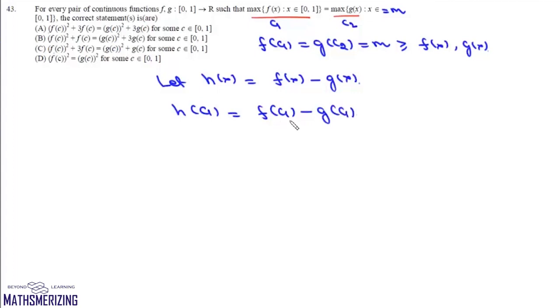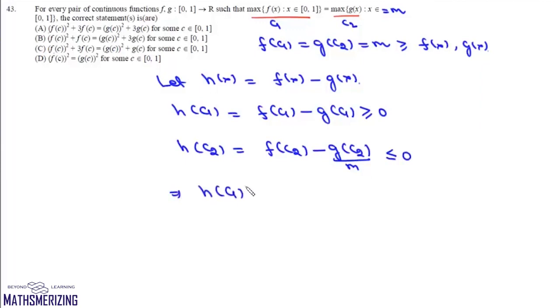Now if we find h(c1) it will be f(c1) minus g(c1). Now f(c1) is m, so this value is always greater than or equal to 0. And if we find h(c2) it will be f(c2) minus g(c2), and now g(c2) is the maximum value. This is always less than or equal to 0. So from here we can say h(c1) into h(c2) is less than or equal to 0.